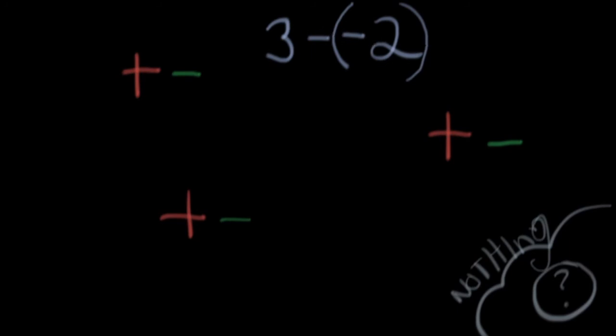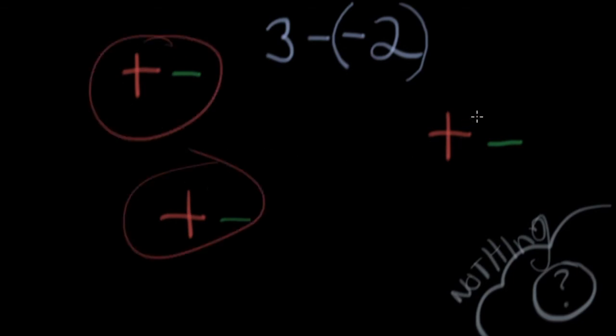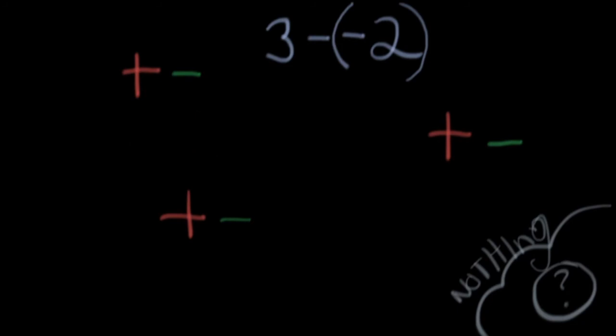Well, first off, let's just try and show this. Right now, you agree that this is nothing. You just said it was nothing. Remember? I heard you. Let's draw 3: one positive, another positive, and another positive. Now let's take away 2 negatives. Oh, I see some negative signs. Let's take them away.